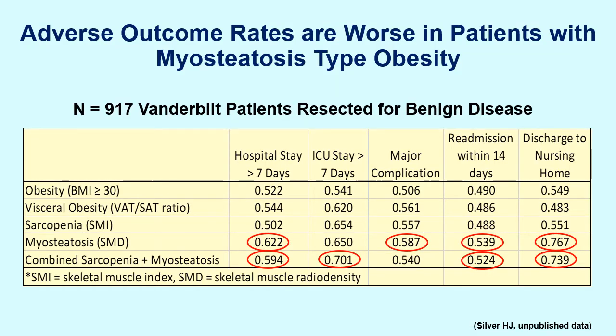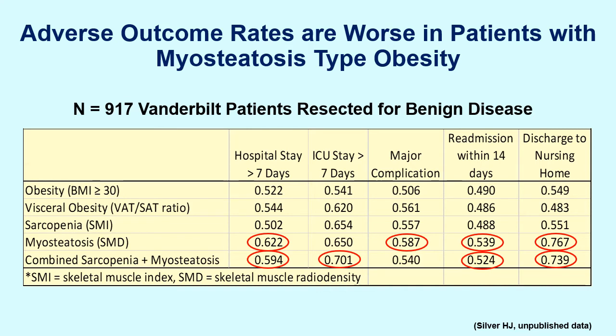And now when we look at the combined condition of sarcopenia and myosteatosis, we see there is a greater likelihood, even when we compare it to visceral obesity, which we know is highly prevalent. We've seen that in increased waist circumferences of all different types of individuals and patients across our populations.